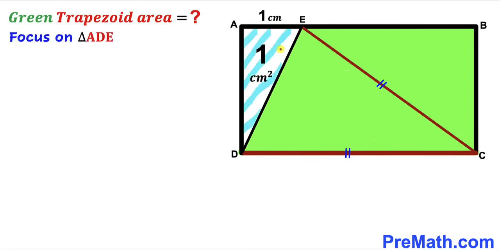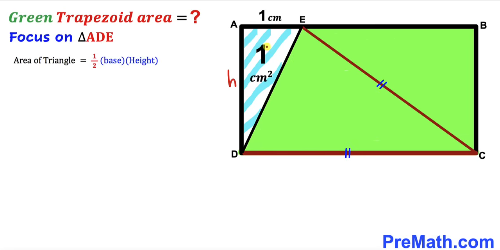Now we are going to focus on this right triangle ADE, and I'm going to label the height of this triangle as lowercase h. Let's recall the area of a triangle formula. Area is always equal to a half times base times the height of the triangle.